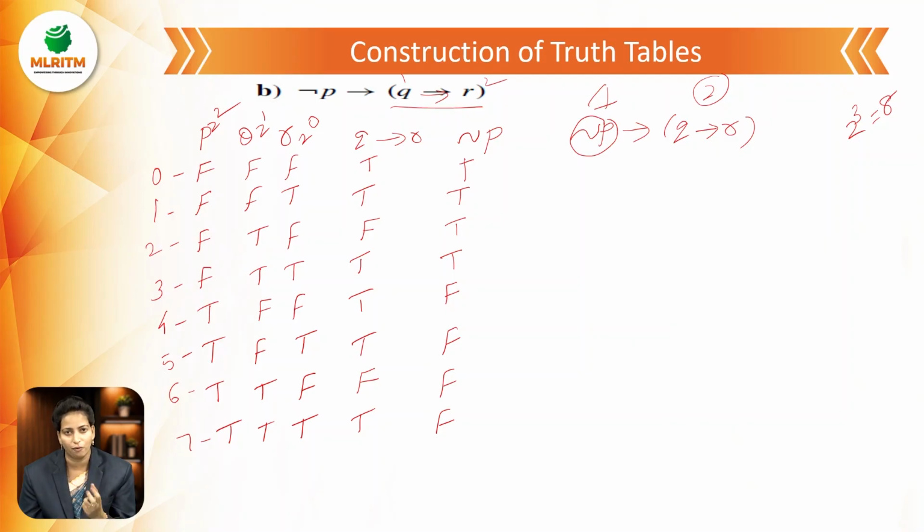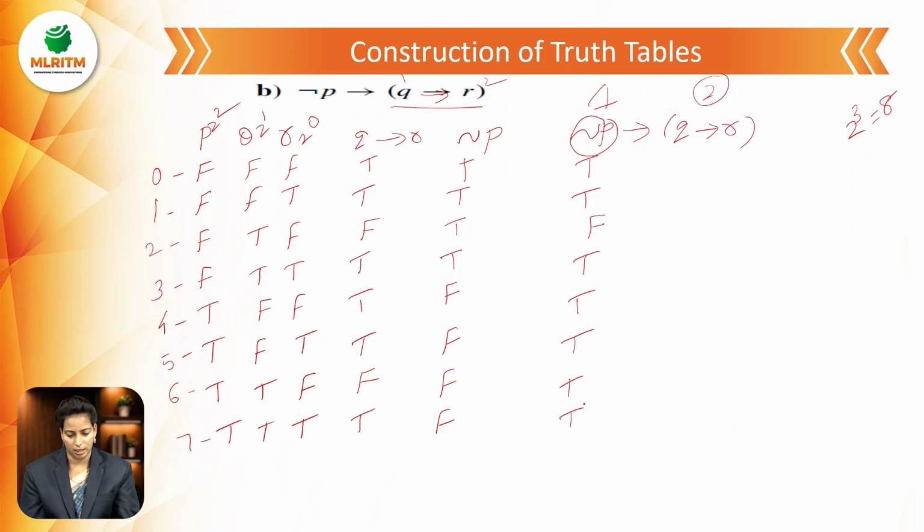Otherwise, it is all true only. So true, false. True, false. So the result is false. So in all remaining cases, it becomes true only.